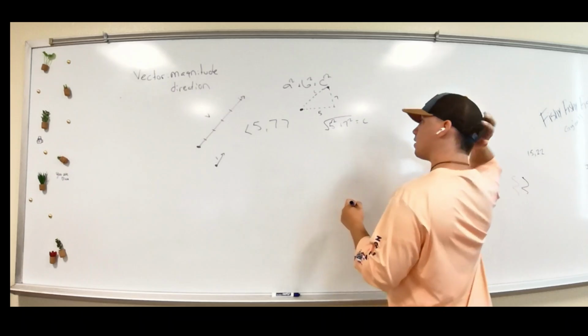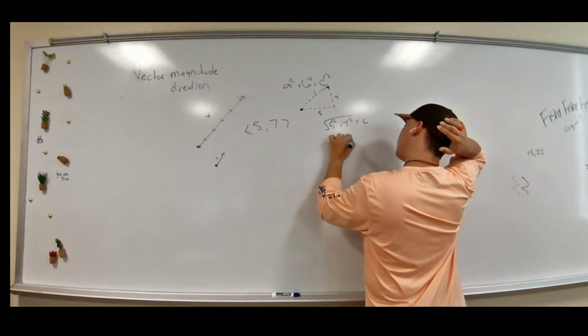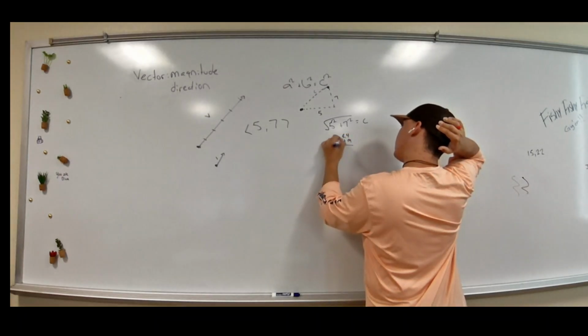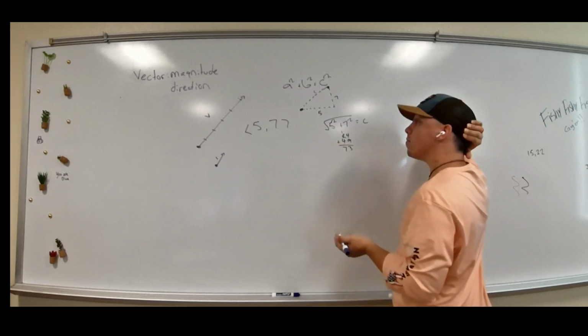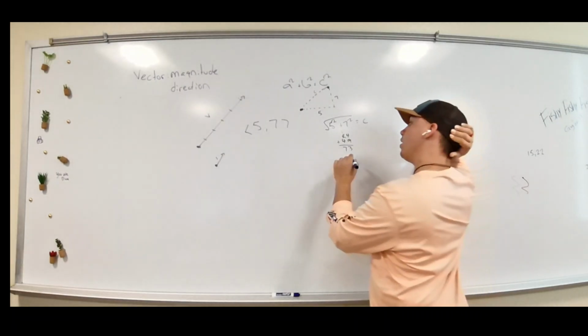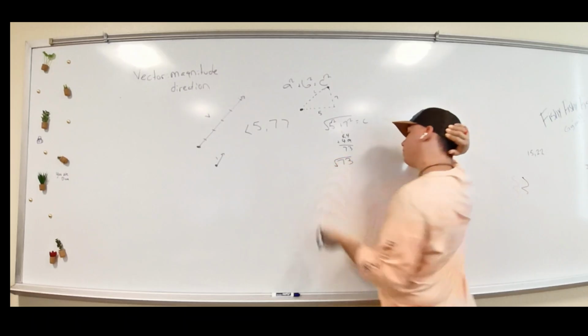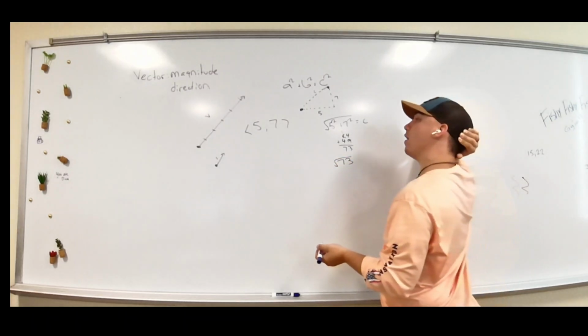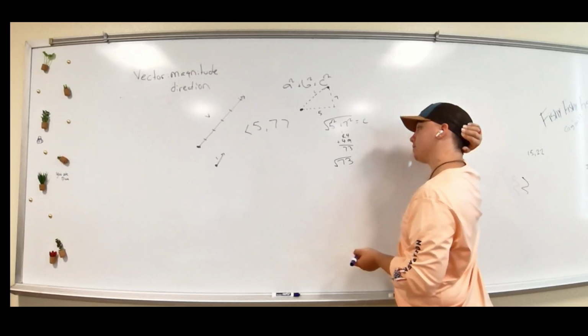So 5 squared plus 7 squared is 25 plus 49, which is 73. So what's the magnitude of our vector? The magnitude of our vector is the root of 73. Simple enough. That's not a happy number or a simple number, but that's the number we get.